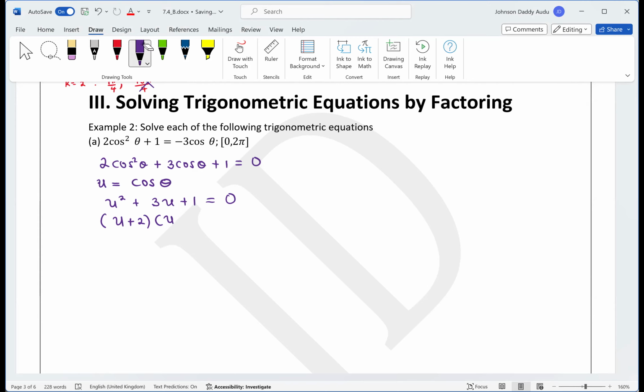Oh, no, it's going to be... because here we have a 2, so don't forget, if you let u be this, it's going to be 2u squared first. Yes, 2u squared. So now you can factorize this as 2u plus 1 and u plus 1, right?